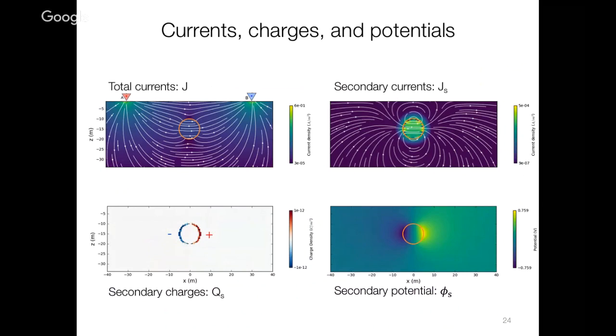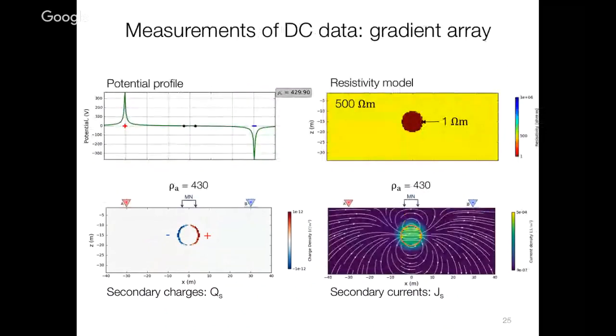Secondary currents. Here's our charges, and here's the potential, and this is what we're actually going to try to do. So, what about measuring? Let's imagine that we've got a fixed A and B here. So we're going to fix our current electrodes and look at what would happen if we took a potential measurement in various locations.